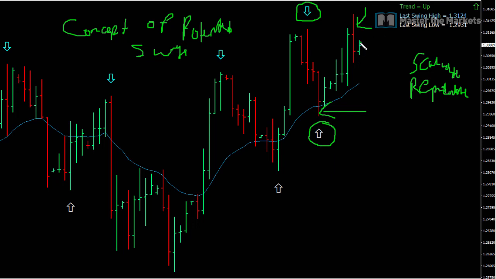I want to get it early, before the sell-off begins, and then finally the arrow pops up on smart money confirming that as a swing high. Okay, that's what I want to do. So the concept of a potential swing is basically before the swing is confirmed according to your parameters.